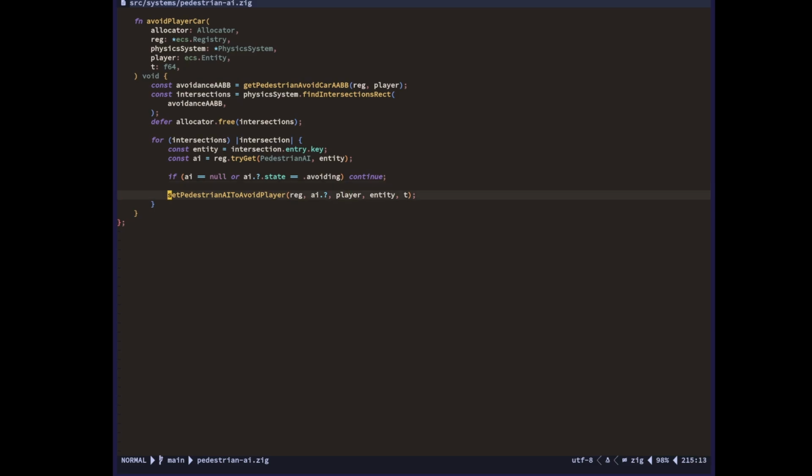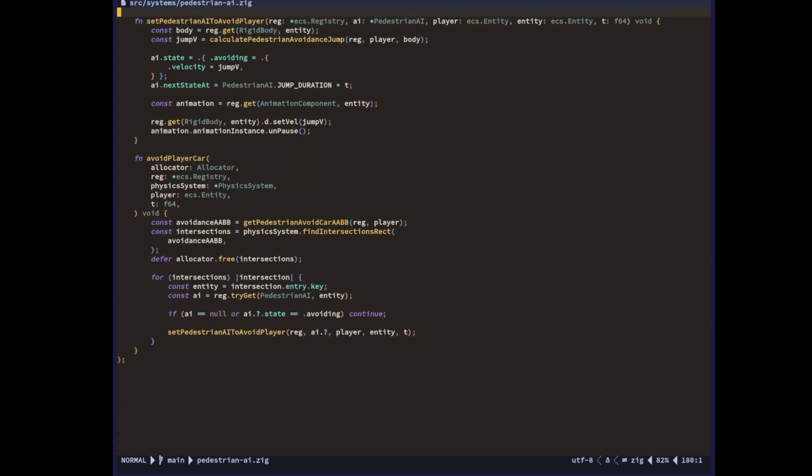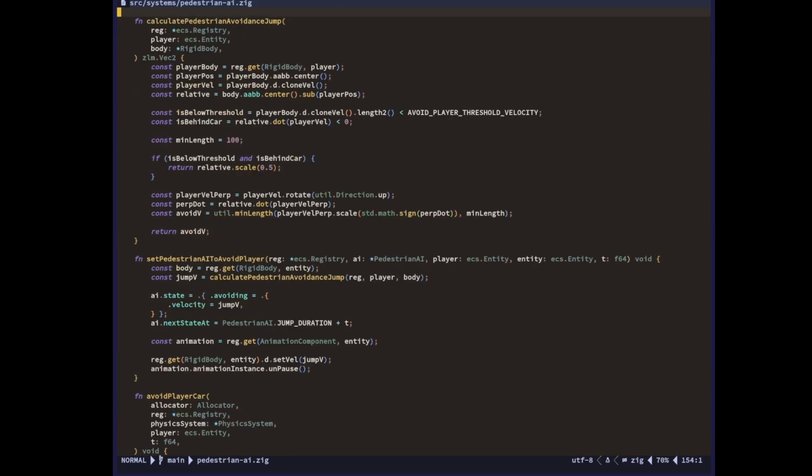But if the pedestrian is not avoiding the car and is intersecting with this rectangle, then we have to go in here where we calculate the velocity vector that the pedestrian will need to have in order to avoid the car. And let's look at that.